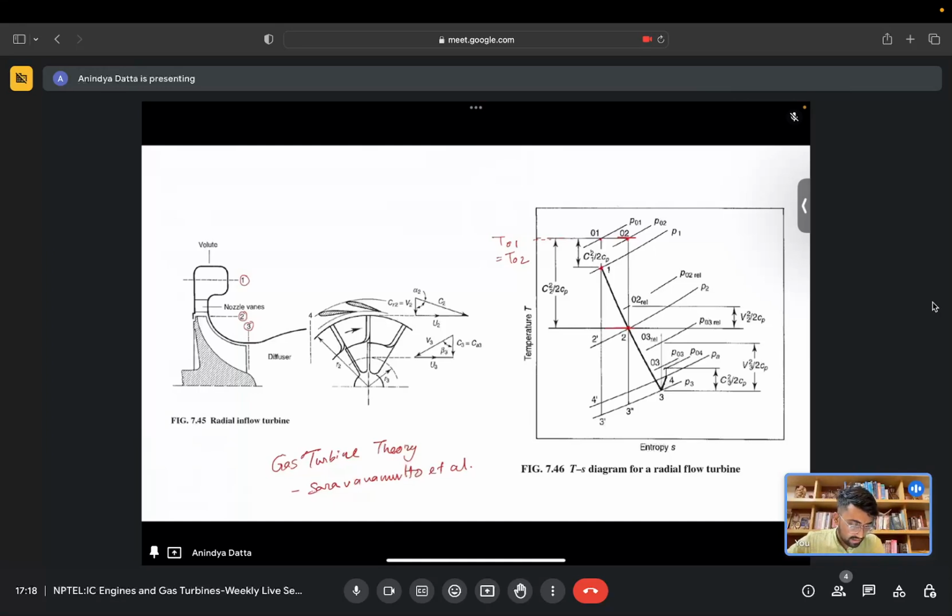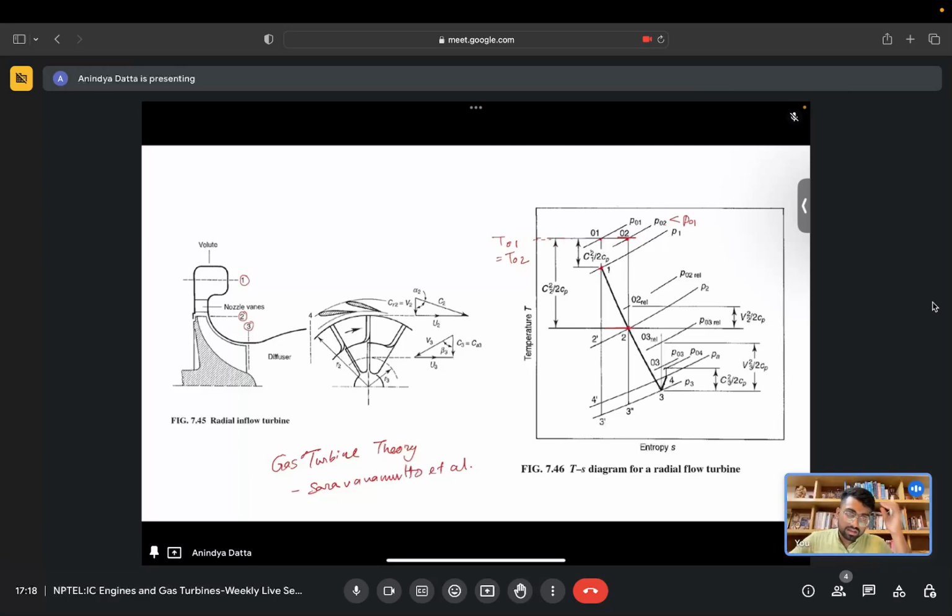If you draw a pressure isocontour through 02, we get P02, and P02 is less than P01. That is, there is a fall in stagnation pressure when there is flow through the nozzle.